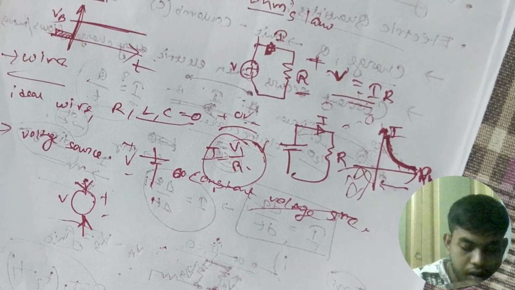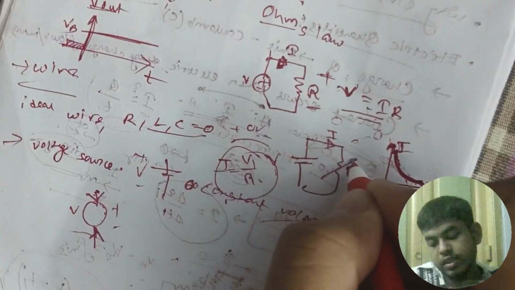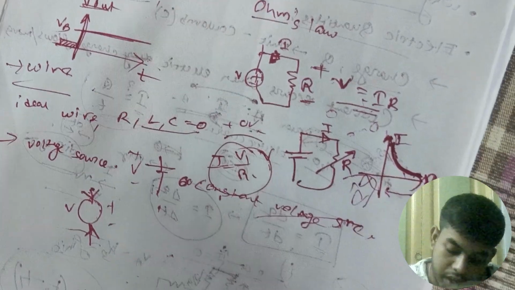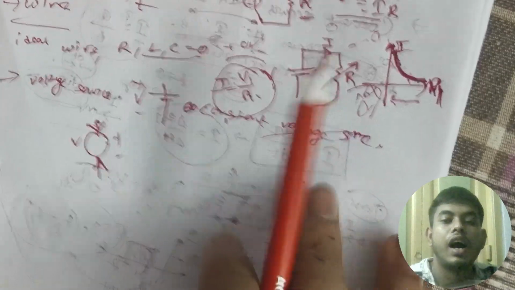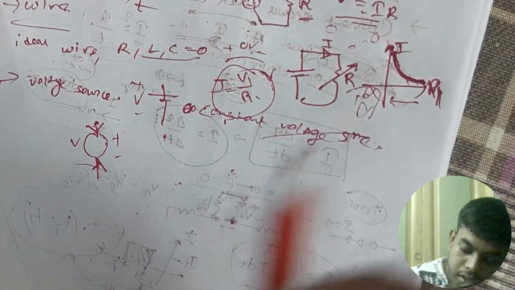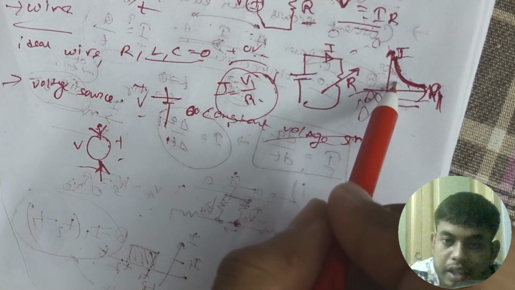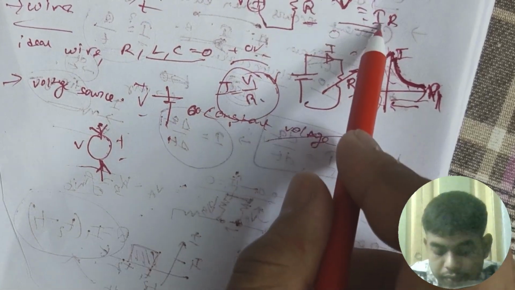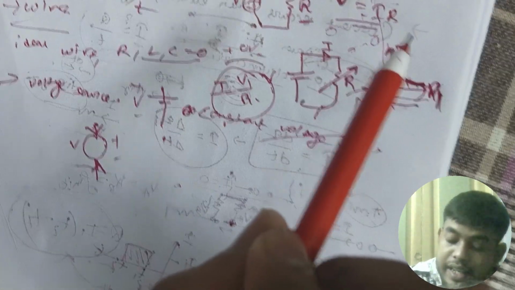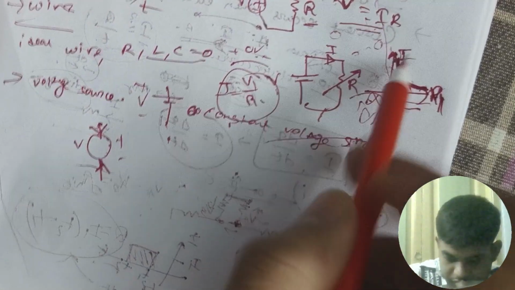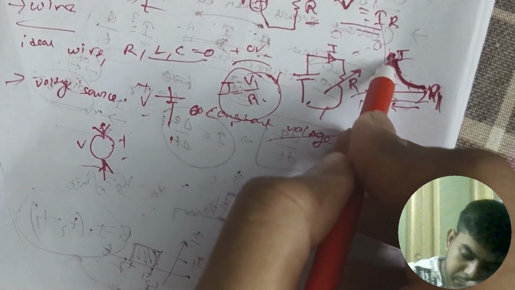Whenever R1 goes high, current goes down, and whenever R1 is less, current goes high. In ideal cases, the current will not go to infinity, it will go here and stop.